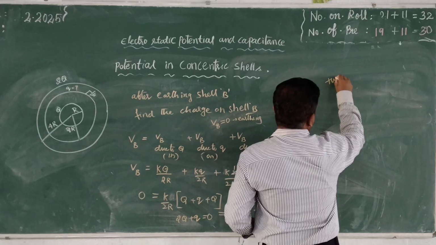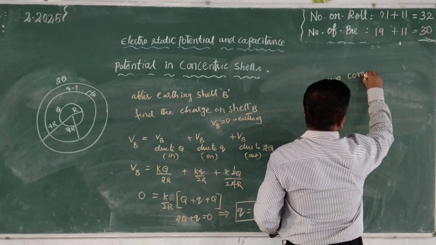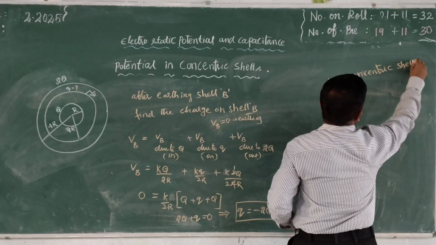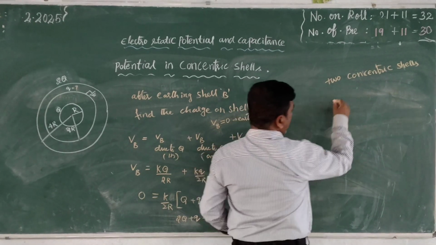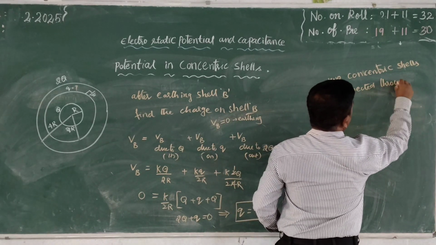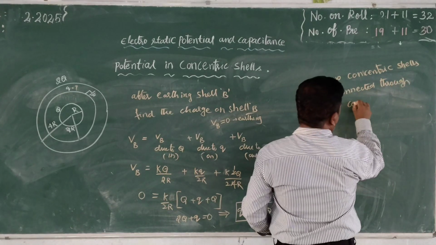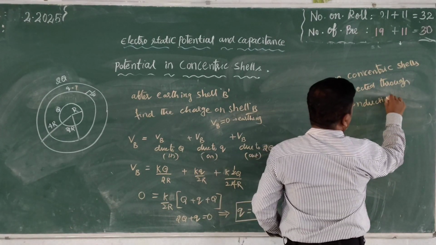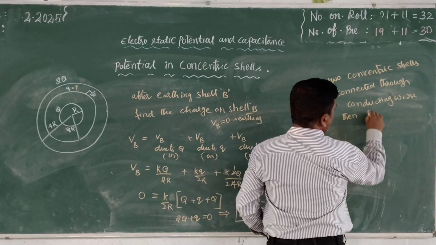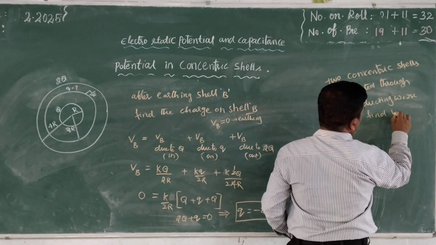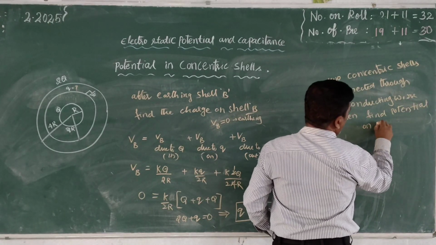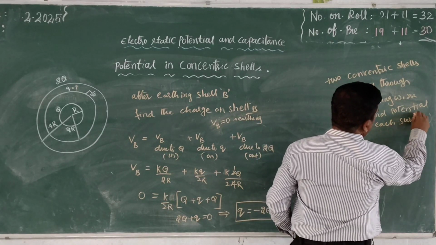Now see one more: two concentric cells connected through conducting wire, then find potential on each surface.